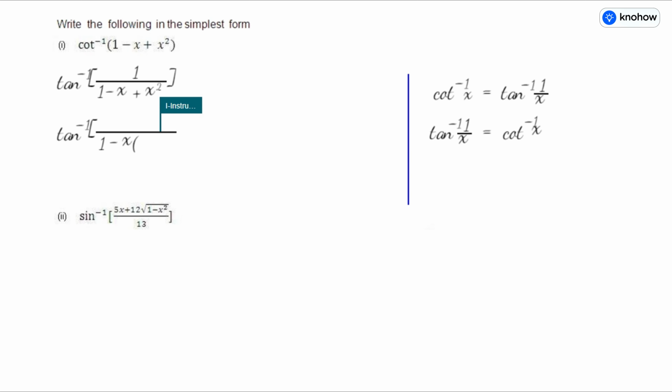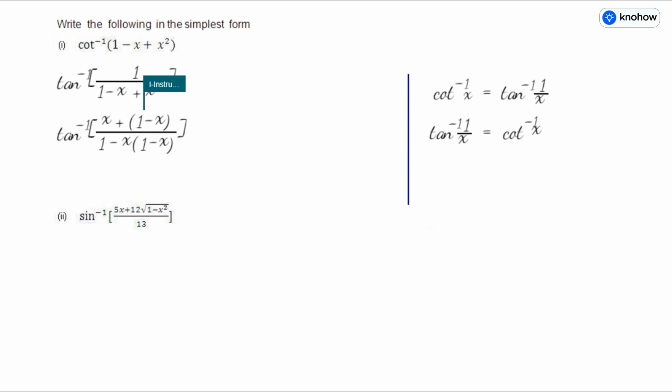You get in the denominator 1 minus x common, 1 minus x here. And if I want to replace this 1 by x minus 1 by x, you get x minus 1 plus x. No, I want 1, so you make it plus here. So it is x plus 1 minus x.